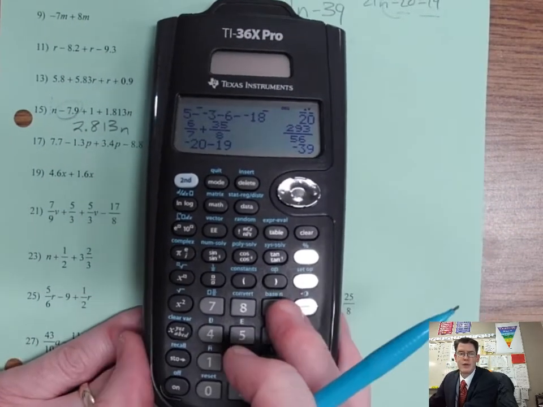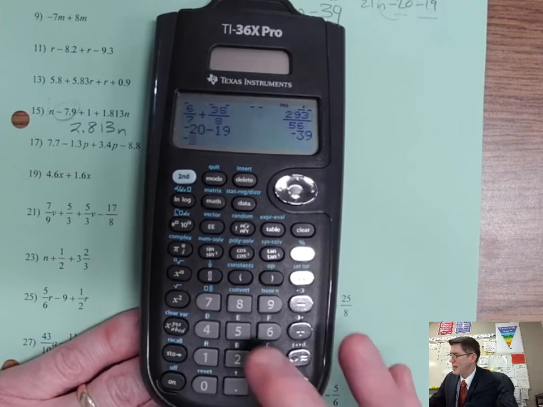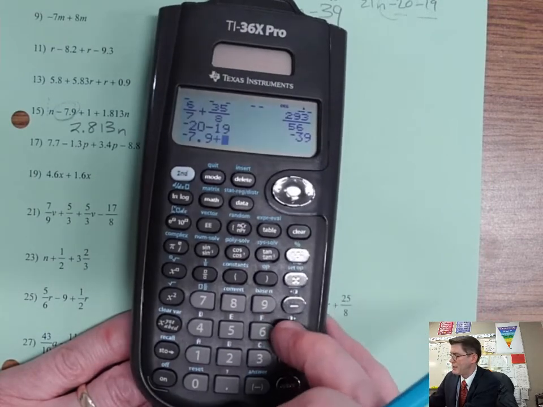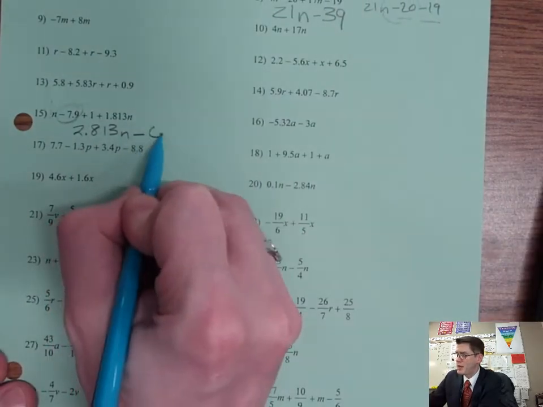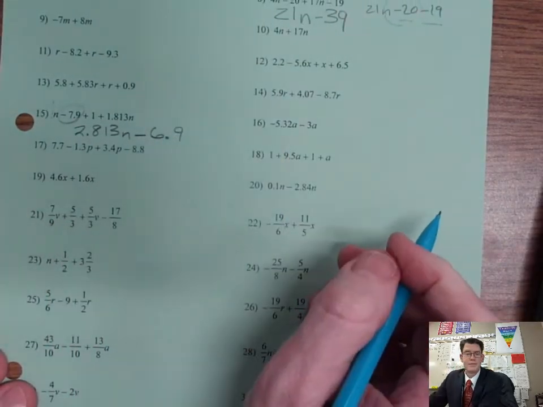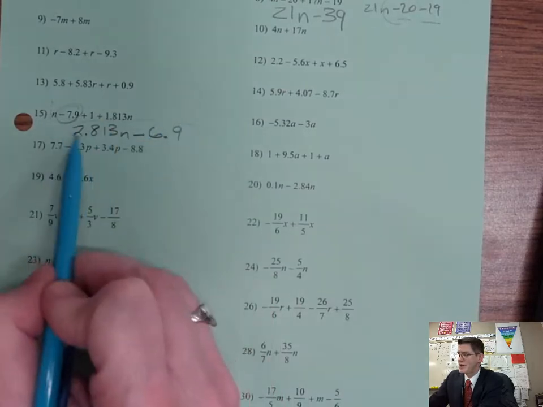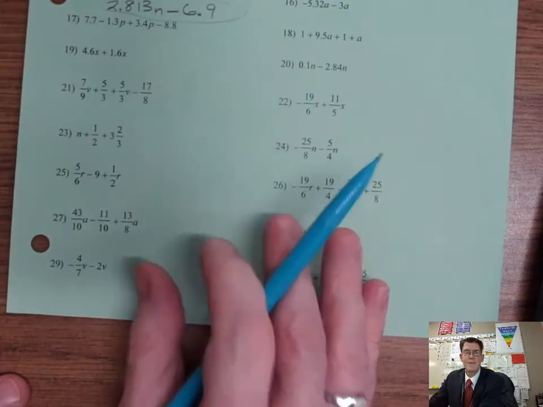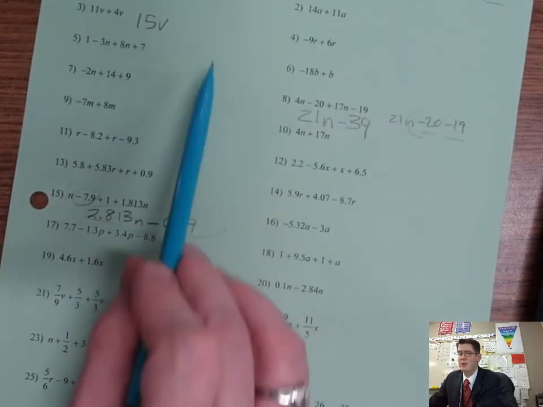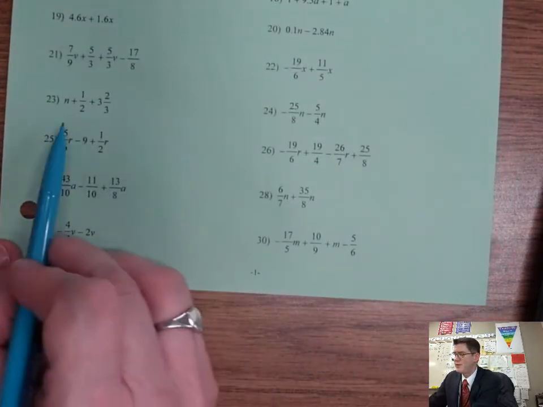A negative 7.9 plus 1 gives you negative 6.9. And that's all you can do on this. You can't combine the n with the constant.